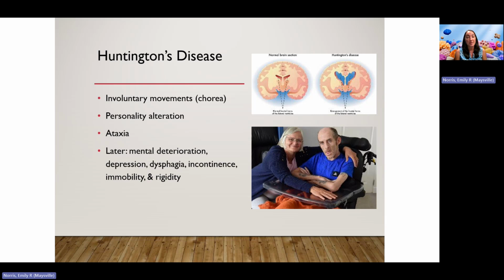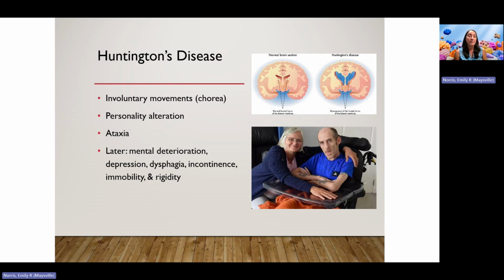So even though it's dominant and is more likely to be passed on to your children, most people have already had their children before they ever have their first symptom, and so they don't know that they're passing that on to their children. It could cause personality changes. It can cause ataxia.